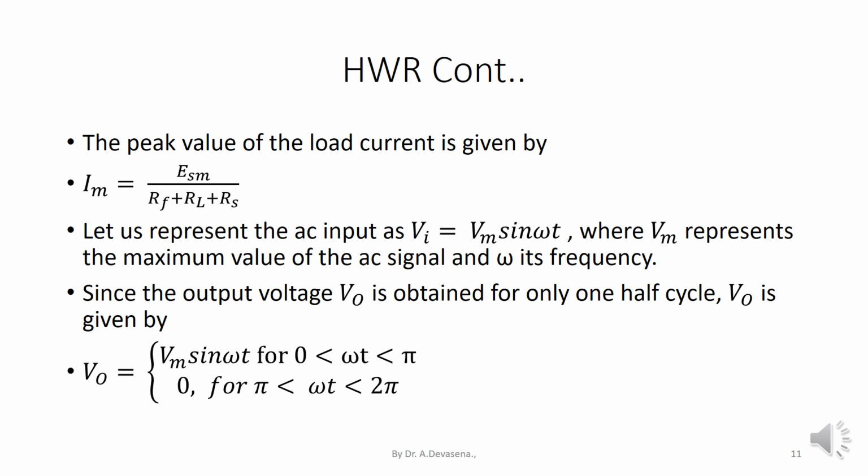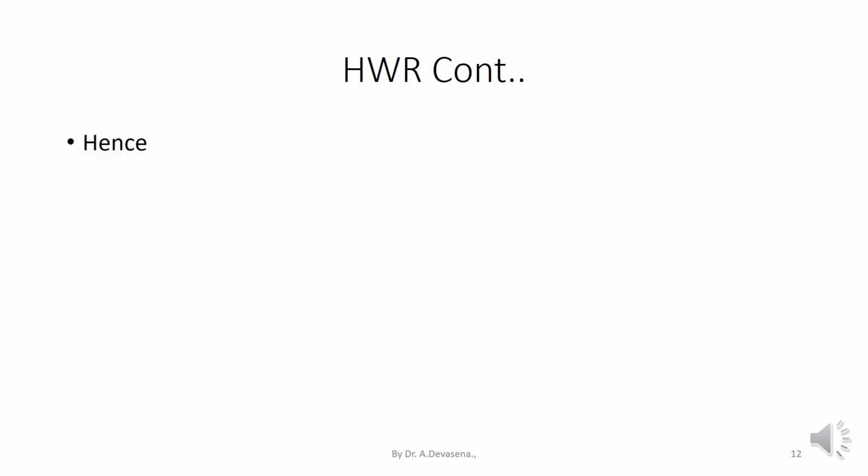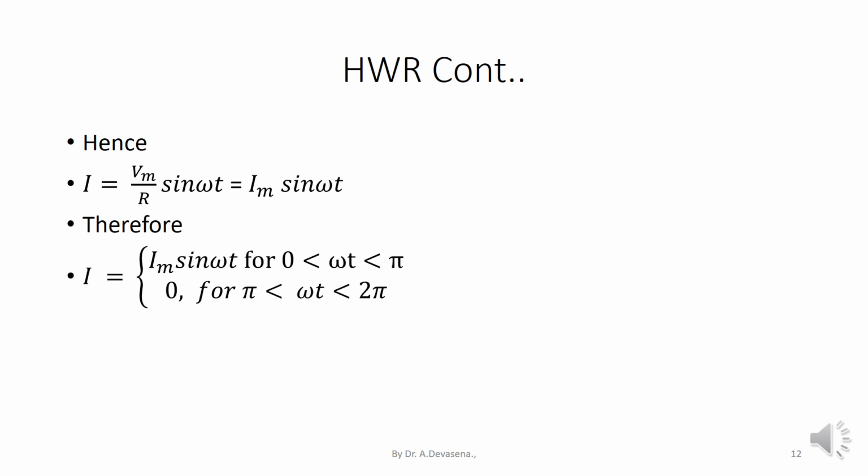It is equal to 0 for pi < omega t < 2 pi. Hence, I = V_m sin omega t, that is, I = I_m sin omega t for 0 < omega t < pi, and its value is equal to 0 for pi < omega t < 2 pi.